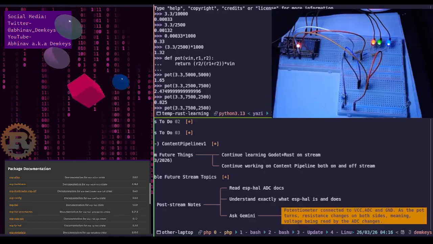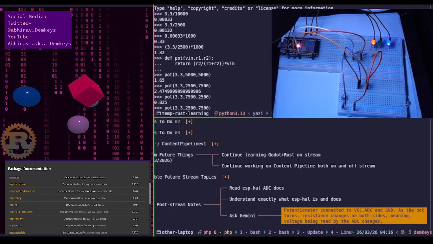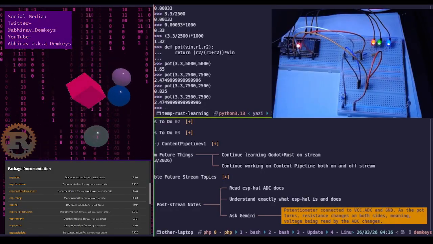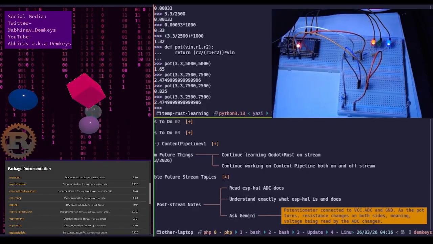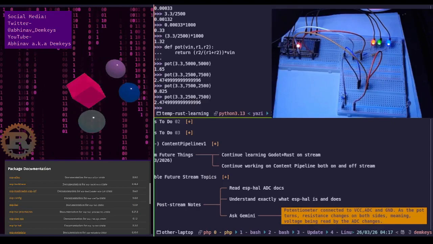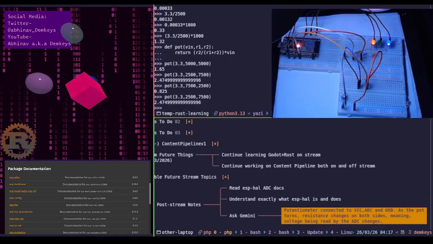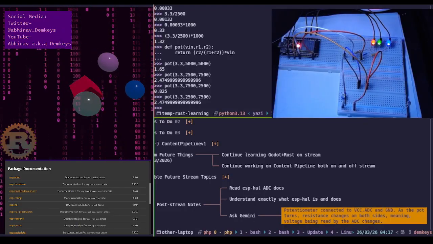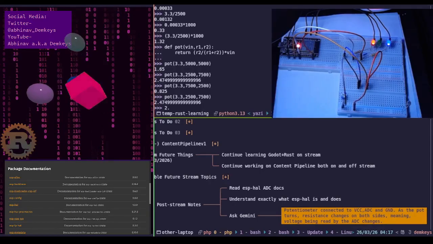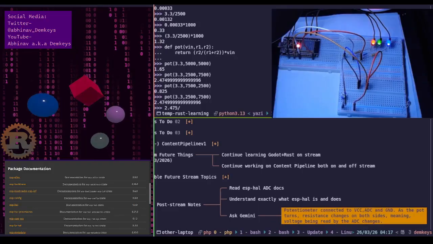So if we say low resistance, that's our voltage, let's say 2.475 V divided by R, 2.475 divided by 2,500.